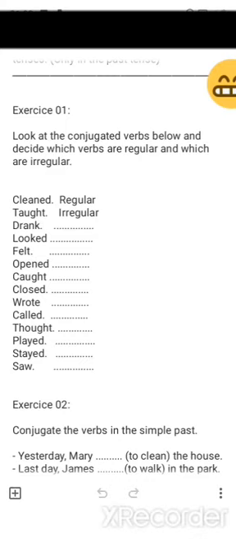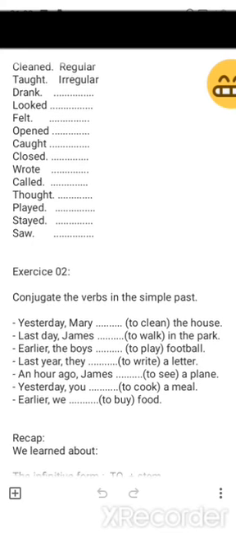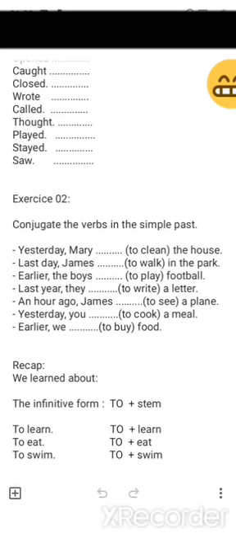In the second example, however, taught, the infinitive form of the verb taught is to teach. We notice that there is no ed at the end, and we did not guard the same stem, which is teach. It is not teached, so the verb is irregular, and we have to do that with the rest of the verbs to become familiar with regular and irregular verbs.